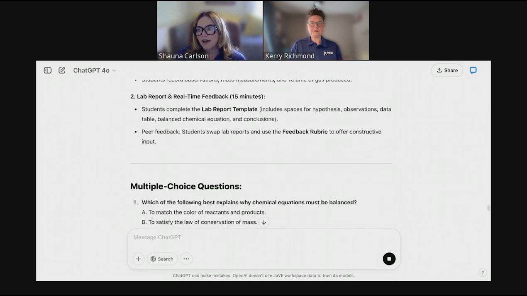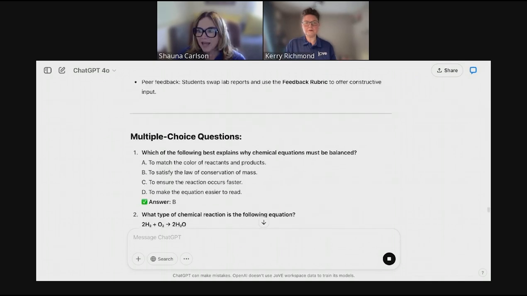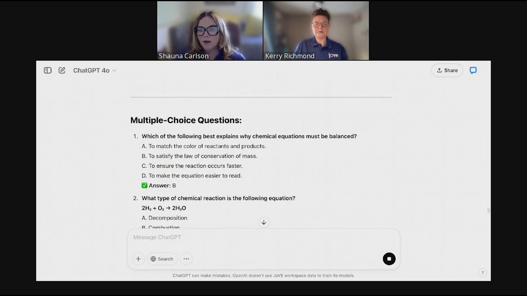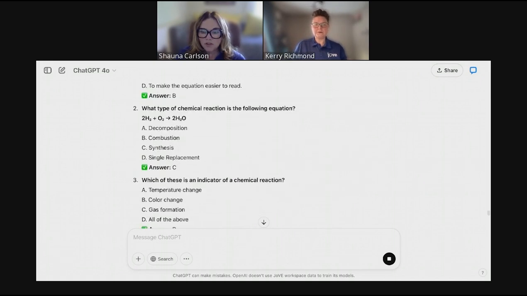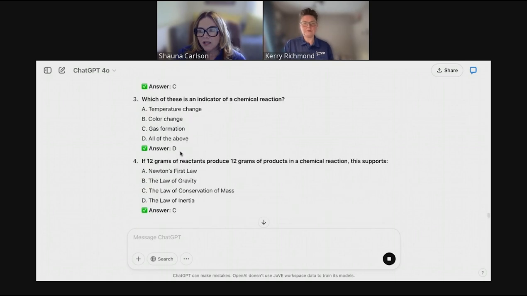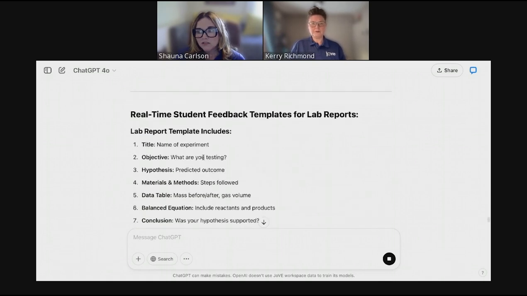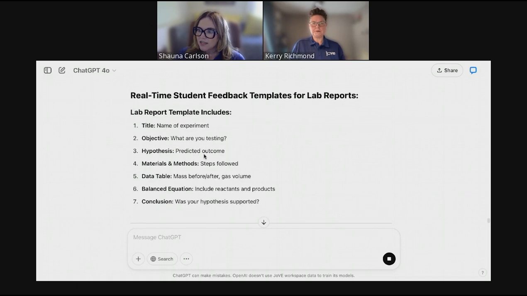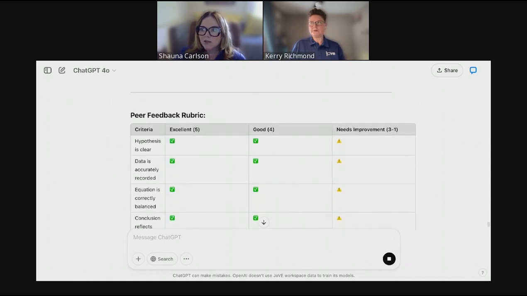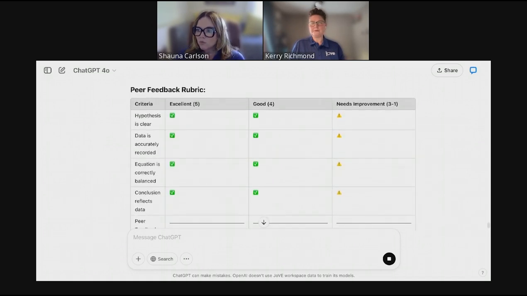And then, of course, we want to assess their knowledge of what they've retained from the lesson so far. So here's some multiple choice questions that it's provided along with answers, and a template for some real-time student feedback as well. Oh, and here's even a rubric that can be used as well.